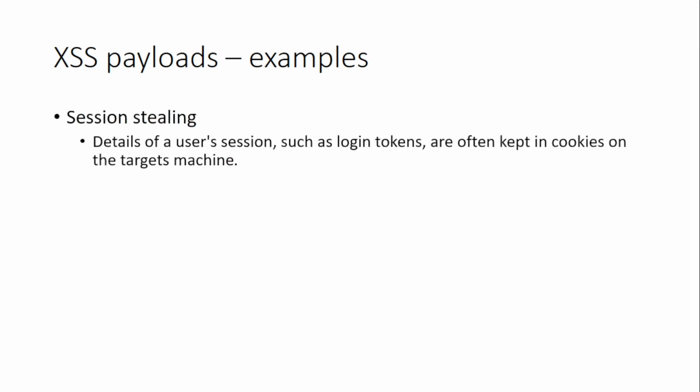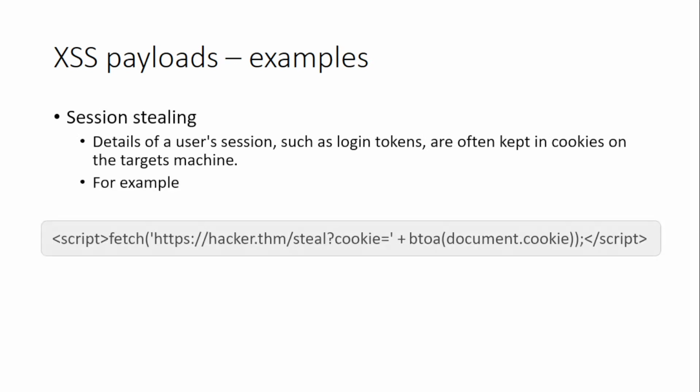Another example with session stealing. Here, we would like to steal the details of a user session, like a login token, and these details are often kept in cookies on the target machine. So for example, we can use this. So document.cookie is where we find the cookie.